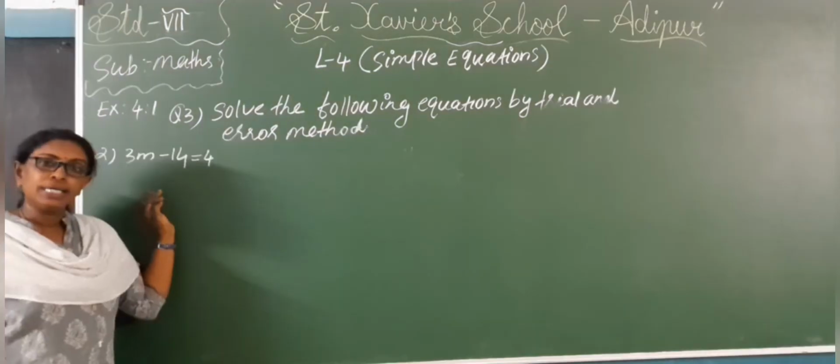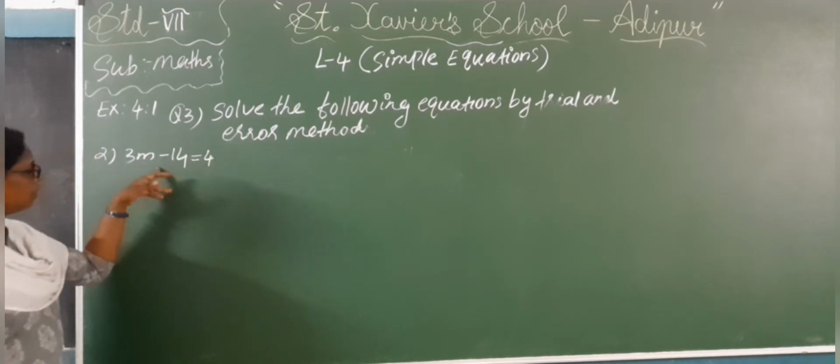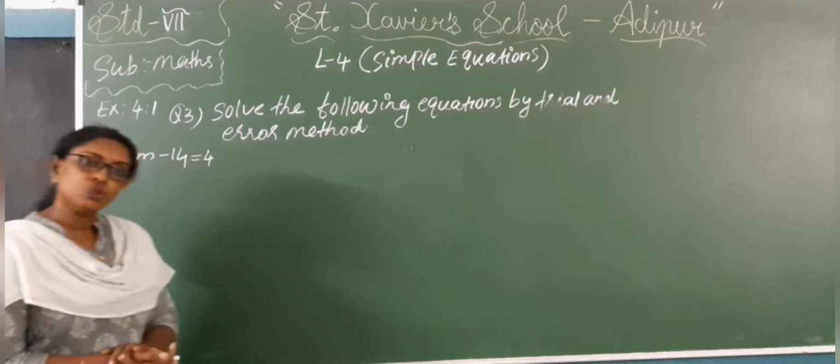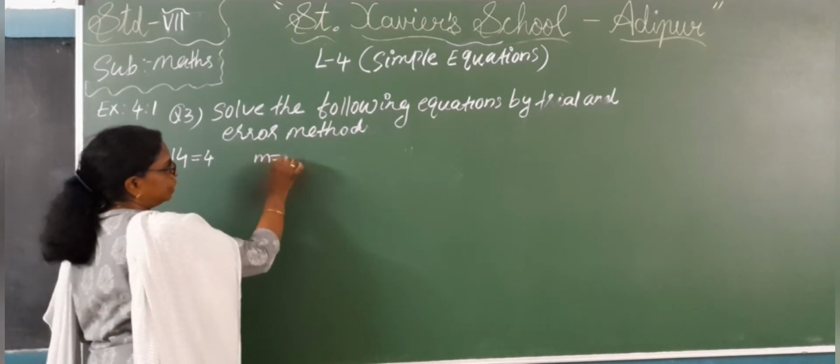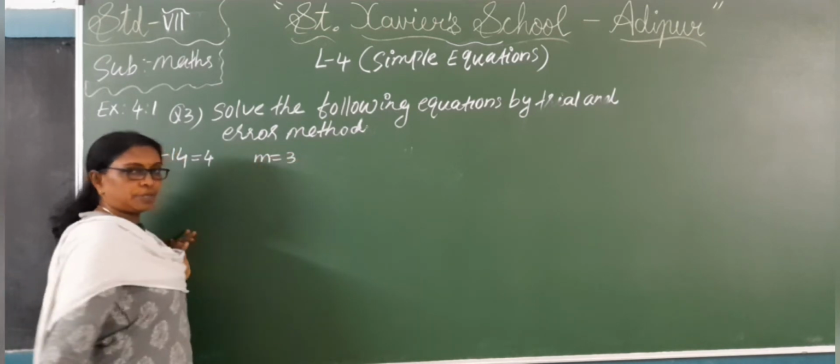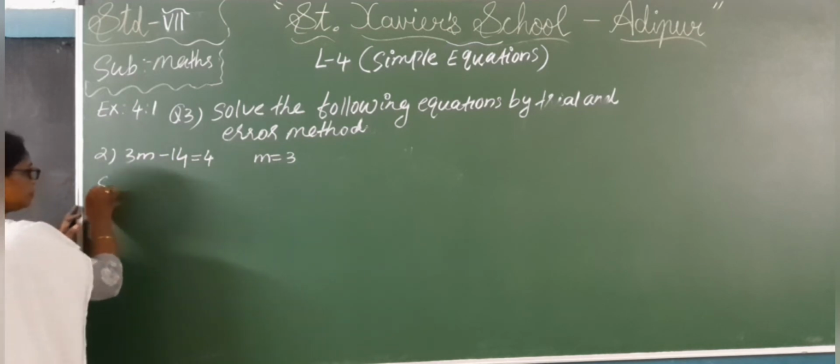Understood? Next number, 3m minus 14 is equal to 4. So I am giving the value m is equal to 3.